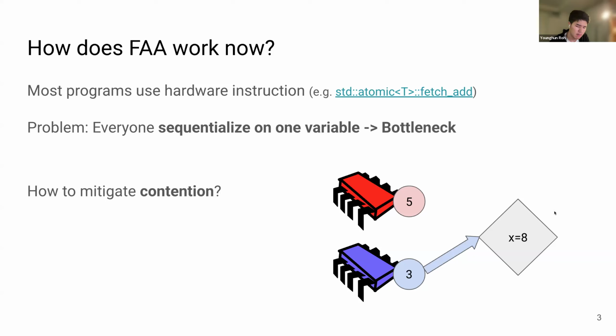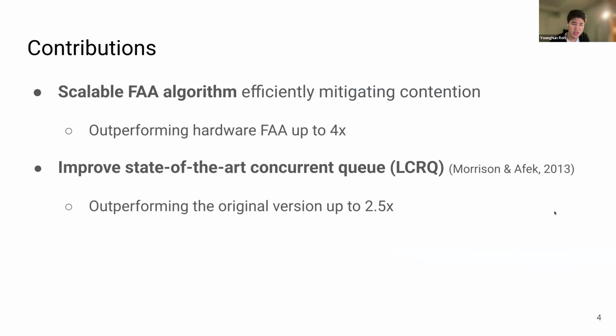So the overall main topic of this project is how to find a way to mitigate contention efficiently. Our contribution is, first, a scalable novel fetch&add algorithm which efficiently mitigates the contention. In our microbenchmark, we saw that throughput was up to 4 times faster than hardware fetch&add.